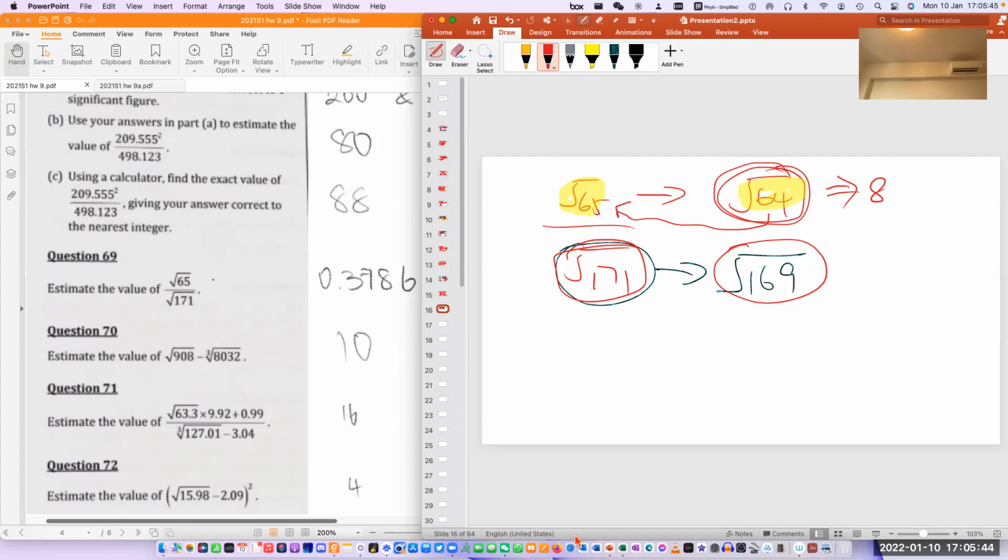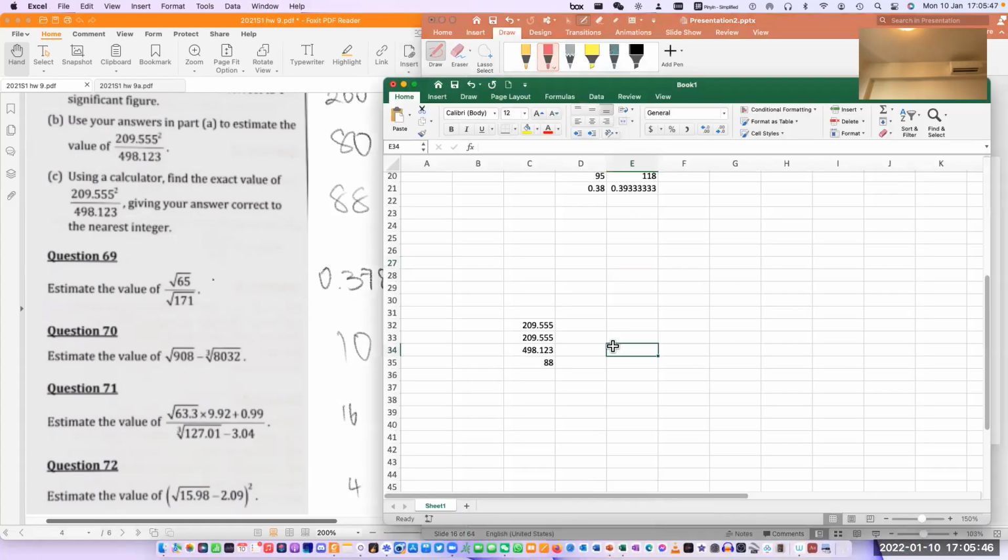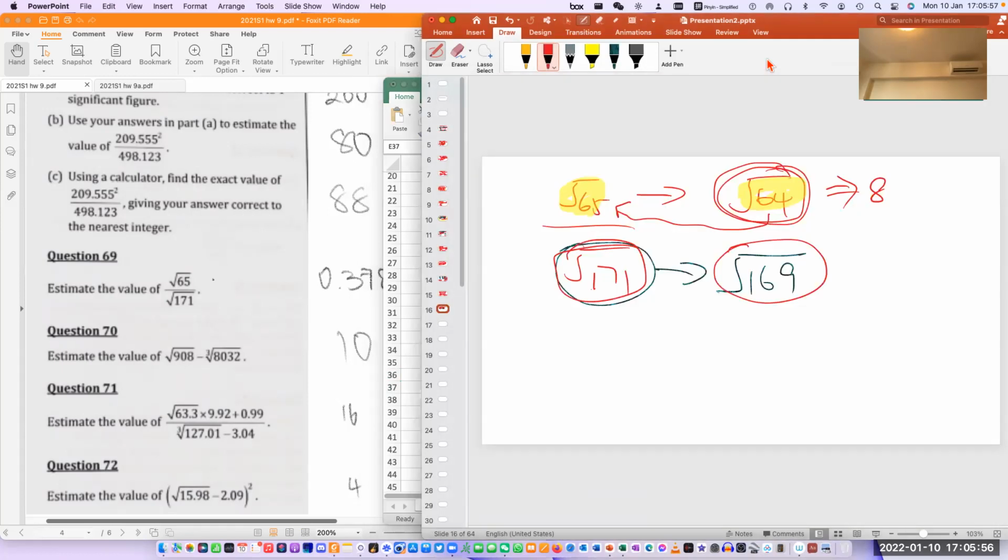Let me test. So 13 times 13, yes. So this will give you 13. So 8 over 13. This is the value. By the way, you don't have to give this answer as a decimal number.